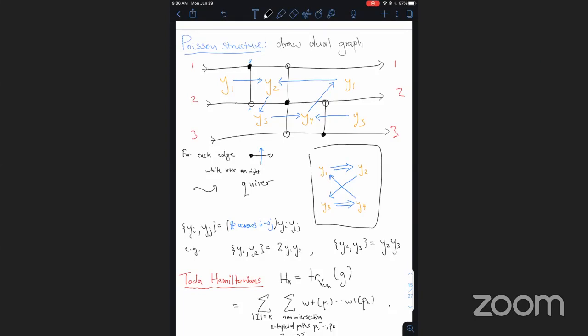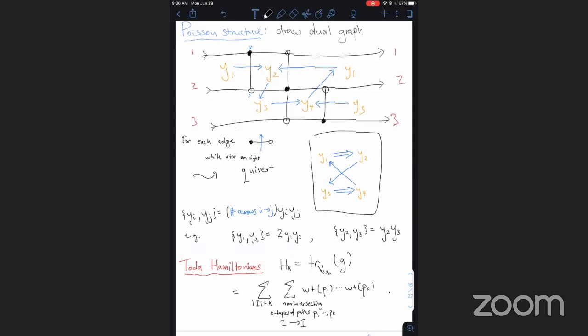So this directed graph we've produced, this dual one, the one whose edges are shown in blue, governs the Poisson structure in the following very simple combinatorial way. Remember that vertices of this dual graph correspond to faces of the original network, which is to say these factorization parameters y1 up to y2n, coordinate functions on this open locus of the double Bruhat cell. And the Poisson bracket between any pair of these coordinate functions is always proportional to their product.